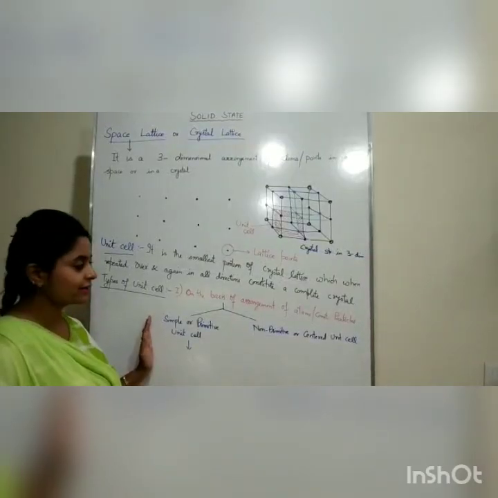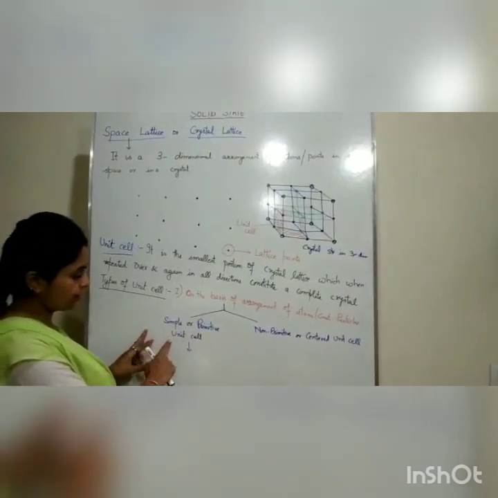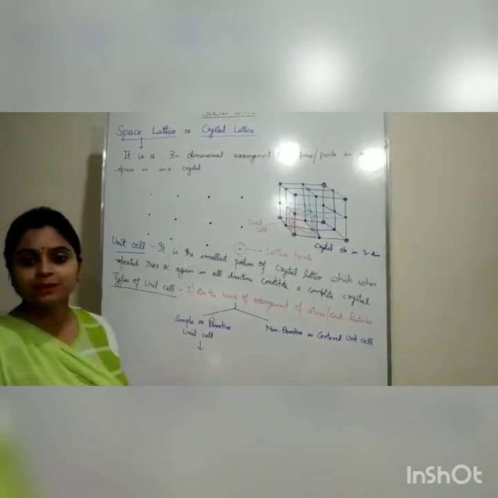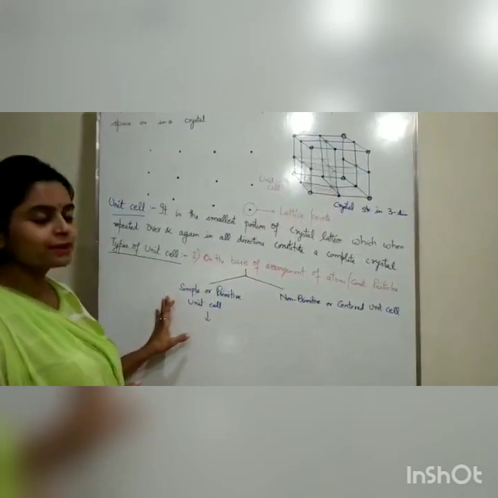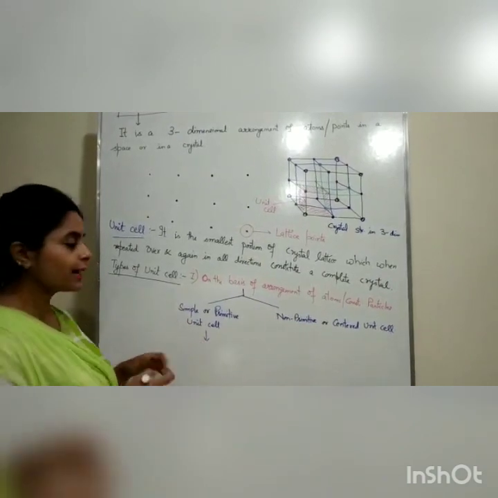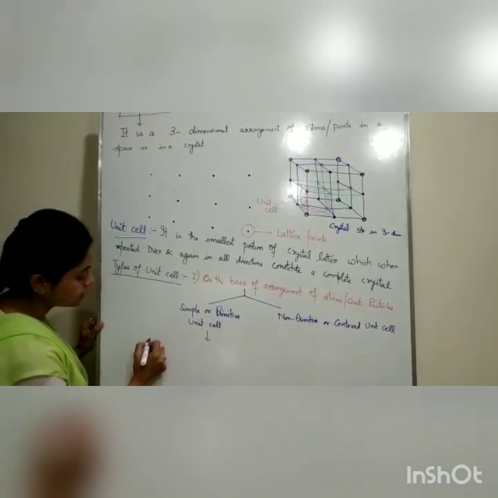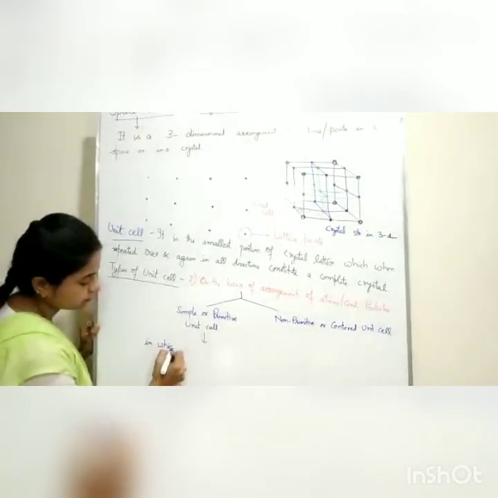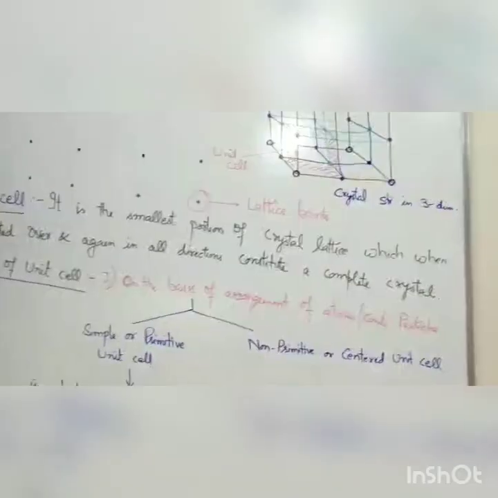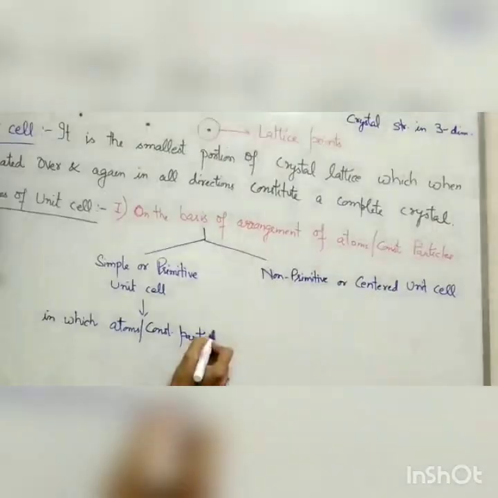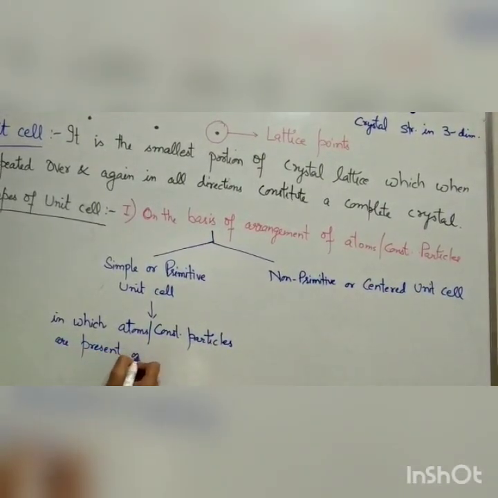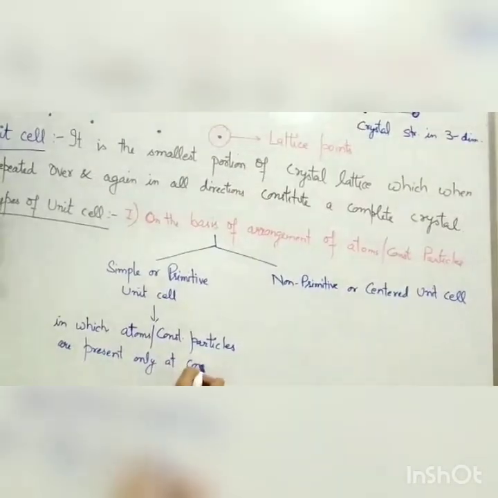Unit cells have been divided into 2 main classes, that is simple or primitive unit cell and non-primitive or centered unit cell. Now what do you mean by simple or primitive unit cell? Simple or primitive unit cells are those unit cells in which constituent particles or atoms are present only at corners.